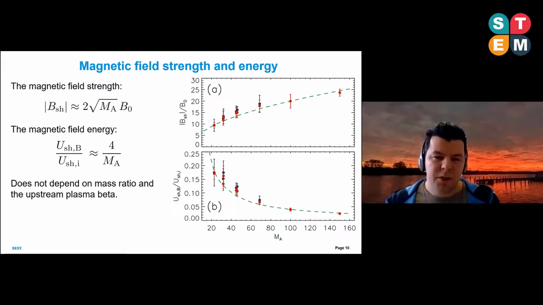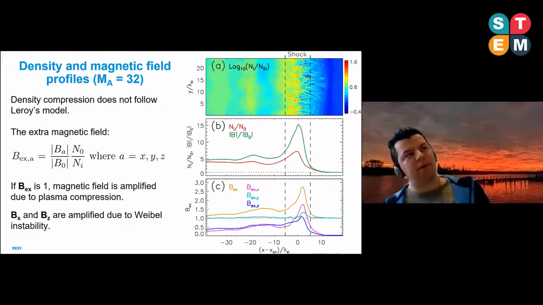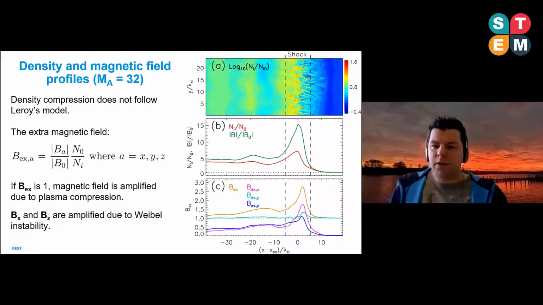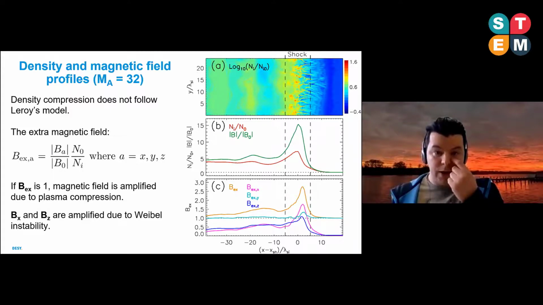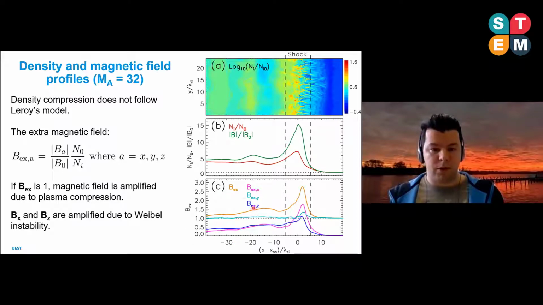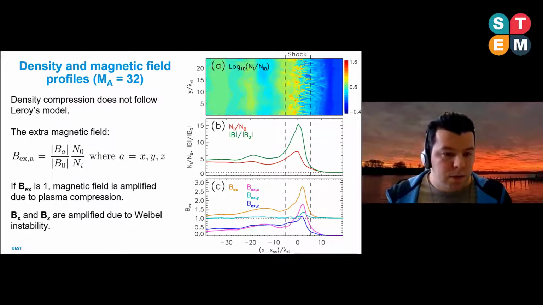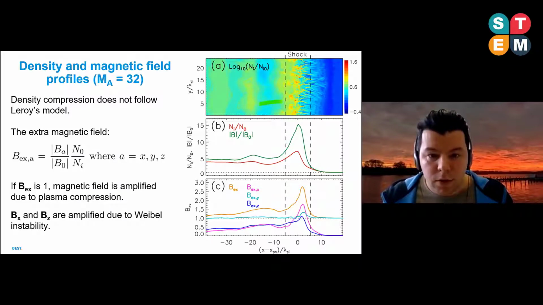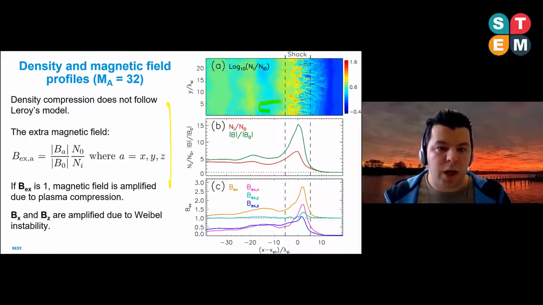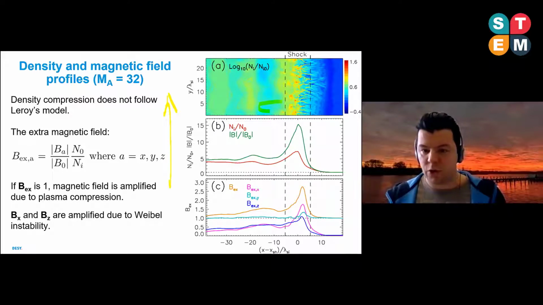As for the amplification mechanism, I would say there are still debates about how exactly it's done, but in principle, initially you have a straight magnetic field line in the shock upstream.